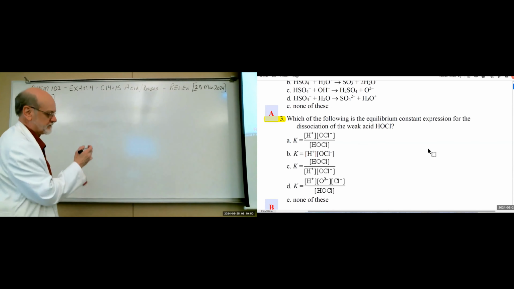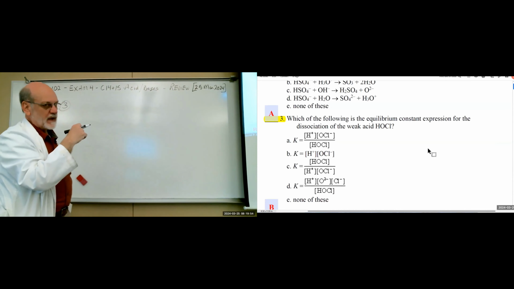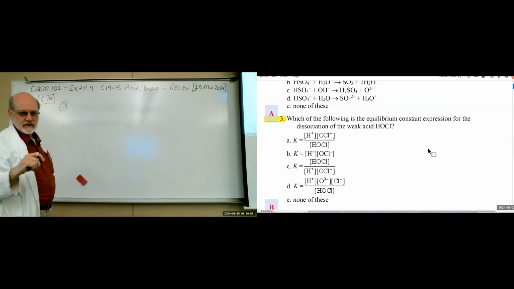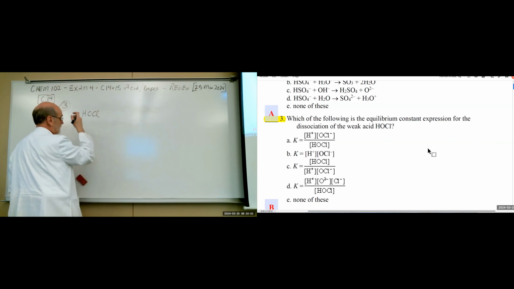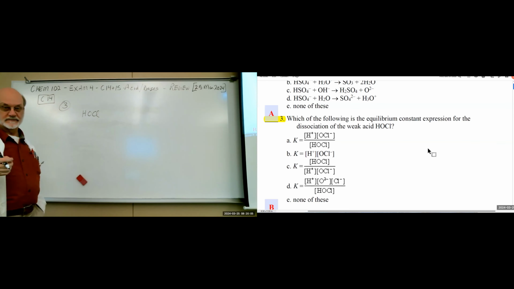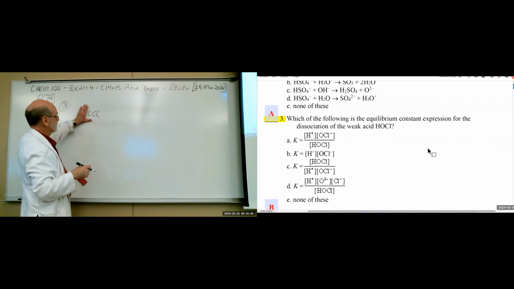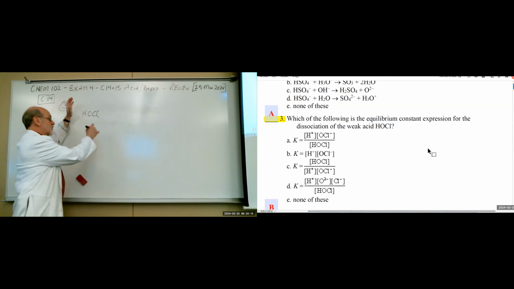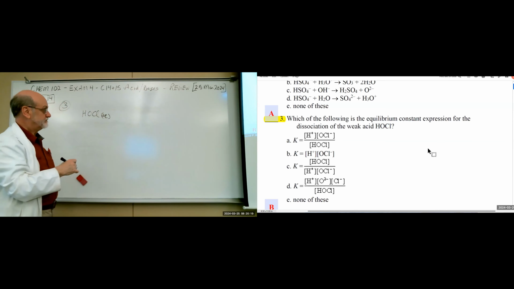Let's see, 3. Which of the following is the equilibrium constant expression for the dissociation of the weak acid HOCl? Acid naming convention, right? What is this? That's the hypochlorite ion, which means this in aqueous solution is hypochlorous acid.